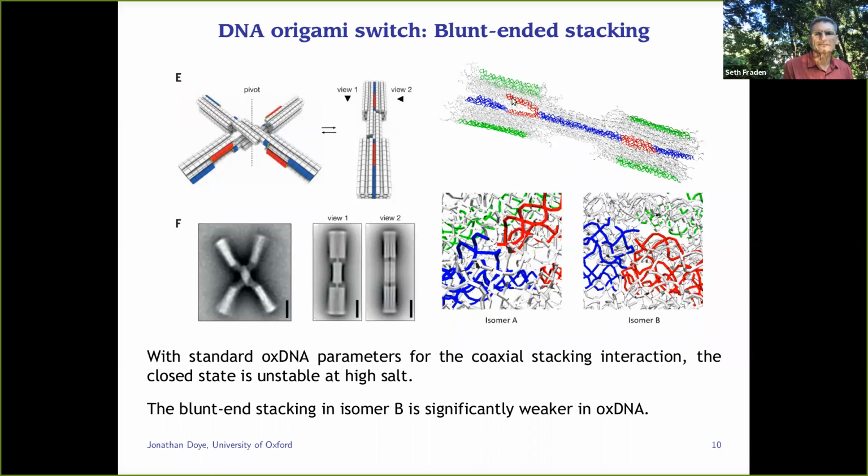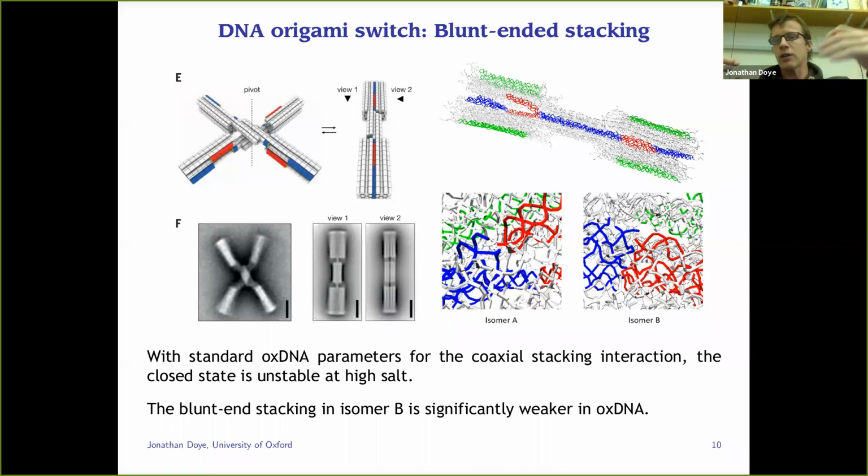When you've got a nearly closed state, binding and unbinding is going to be the slower process, where you can't just do a simple reaction coordinate, which is the angle between them. You've got to wait for the system, in some sense, to find exactly the right fit with everything fitting into each other. These things are fluctuating, and they might not fit in each other's holes quite correctly.